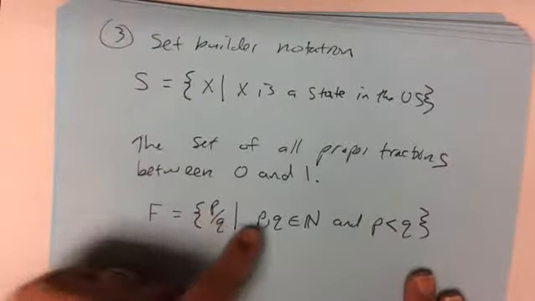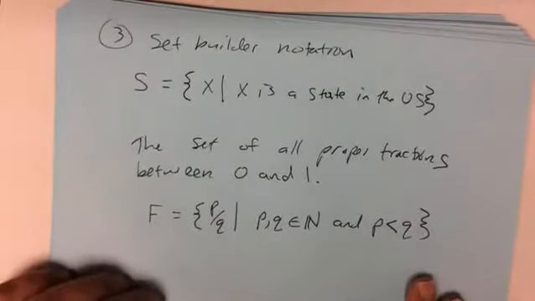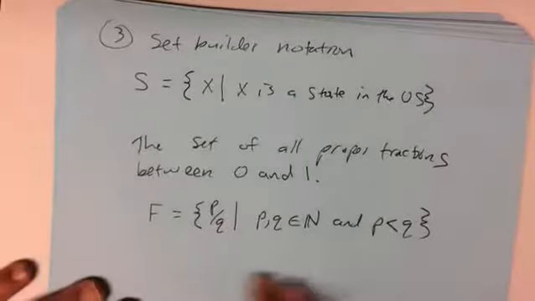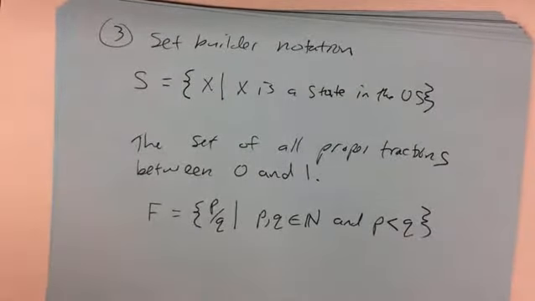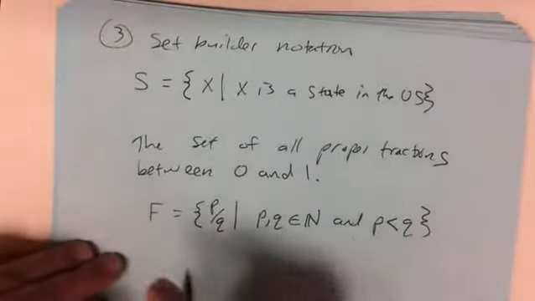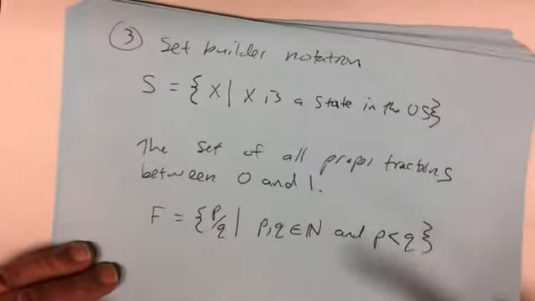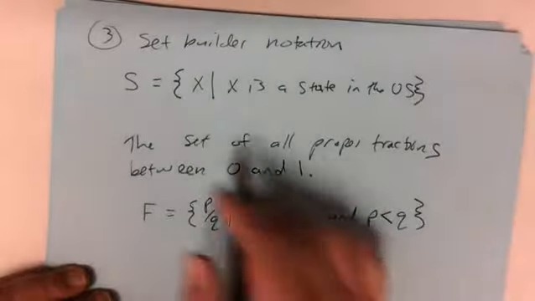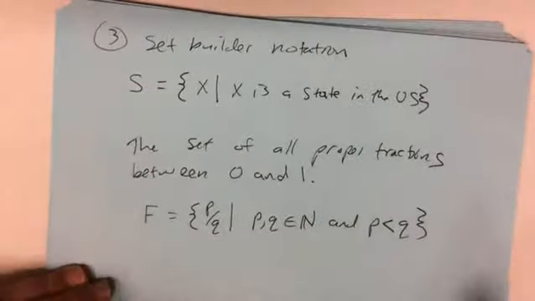This says they're all fractions, where these are natural numbers, and the top is smaller than the bottom. That would make them fractions between 0 and 1, and this would give you all the fractions between 0 and 1. So I'll let you think about that. You don't have to worry too much about it, but that's a pretty good example of how set builder notation is used in the real world. They probably would never use it like this. They would just use a description.